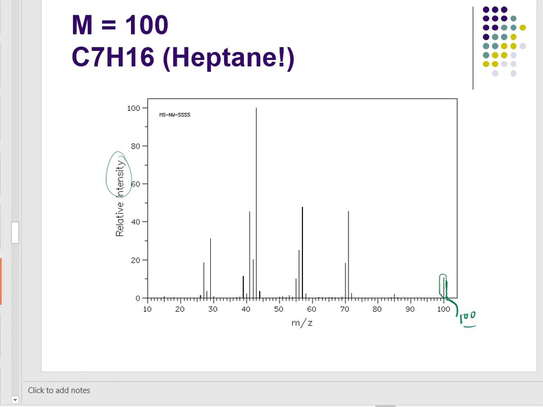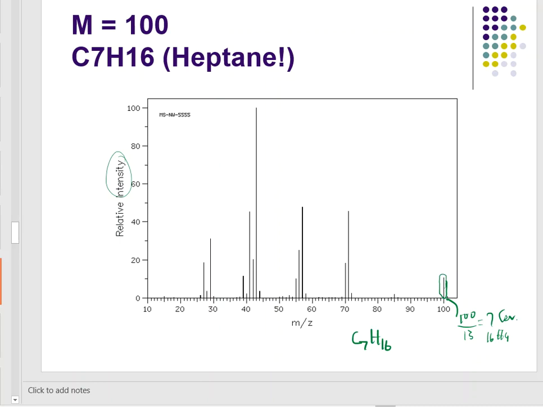So using the rule of 13, I would divide by 13. That would give me 7 carbons in total. 7 times 12 is 84, minus that from the 100 that they gave me, and this would be hydrogen number. So it looks like this would be a C7H16 at least. And sure enough, this is the mass spectrum.